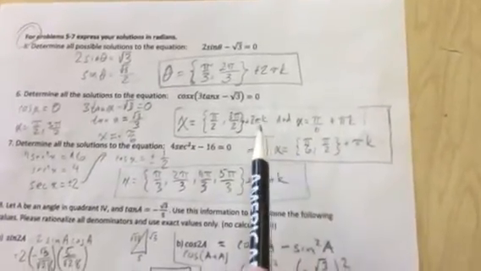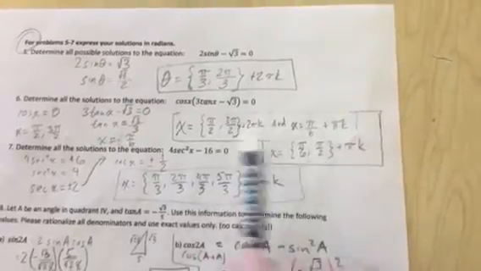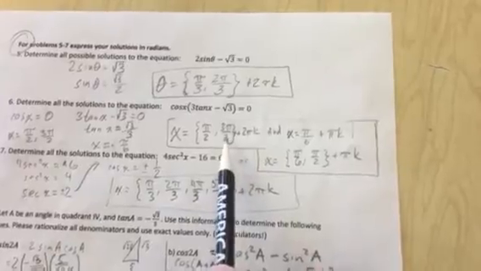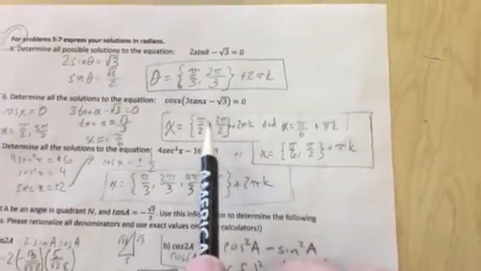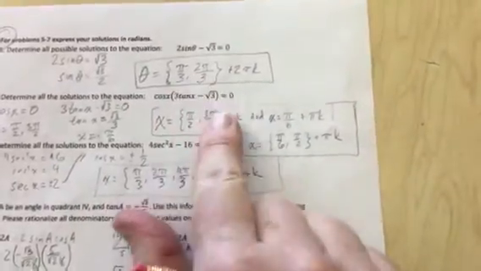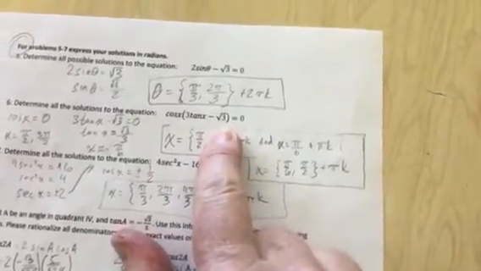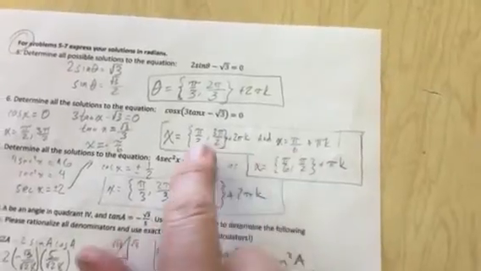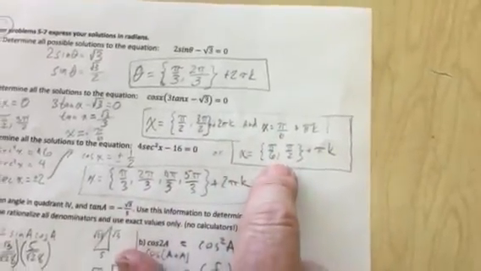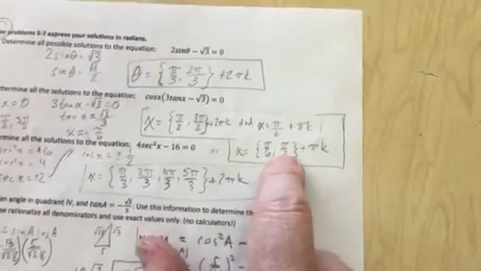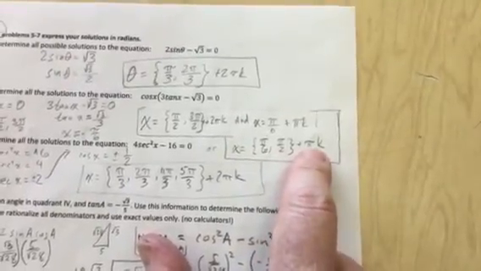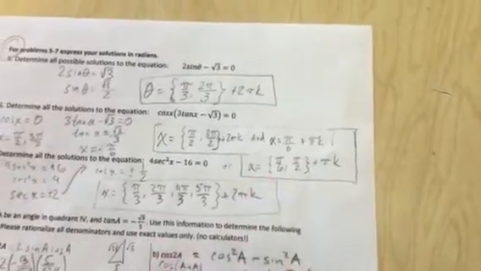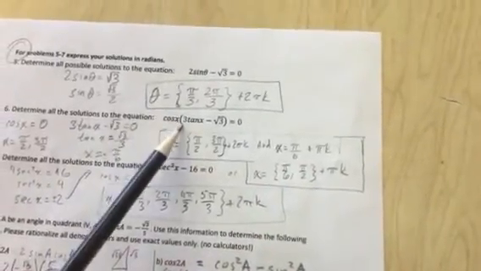If you wanted to be super succinct, you could consolidate these two things into one, because if you'll notice, pi over 2 and 3 pi over 2 are only 1 pi apart. So if I took pi over 2 and added pi to it, I get 3 pi over 2. That means I can simplify my two solution sets into one set, pi over 6 and pi over 2, plus pi k. By adding pi k, or any multiple of pi that is, to either one of these answers, I'll get another one of the infinite solutions to this equation.